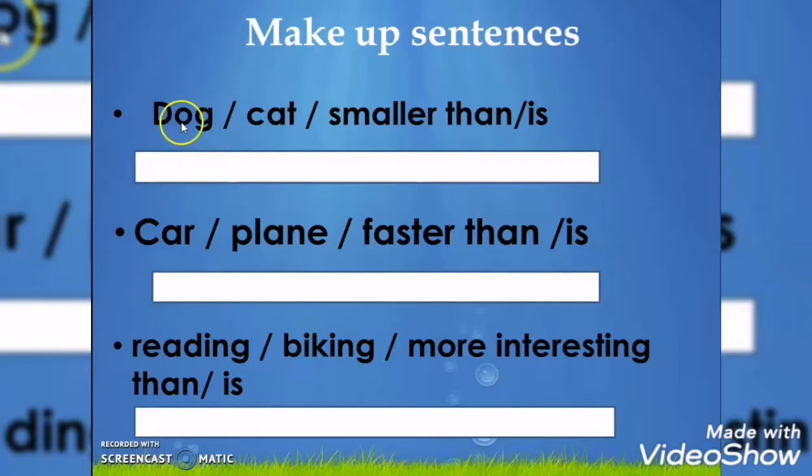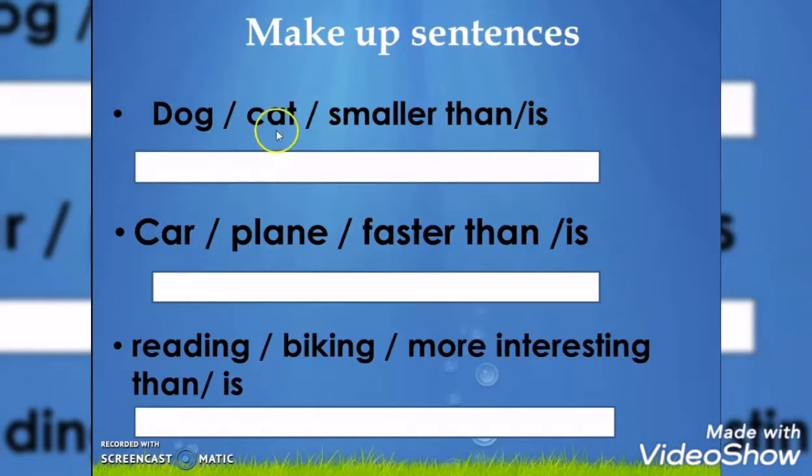First sentence, we have dog, cat, smaller than, and is. So we are comparing two animals, which are the dog and the cat. Where is the adjective? The adjective word is small and the verb is. So who is smaller, the dog or the cat?